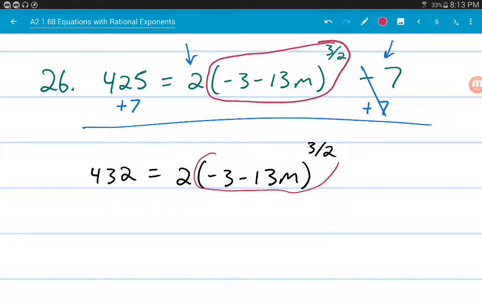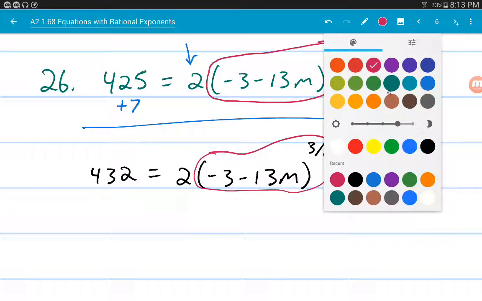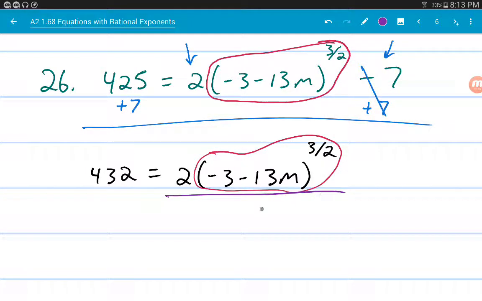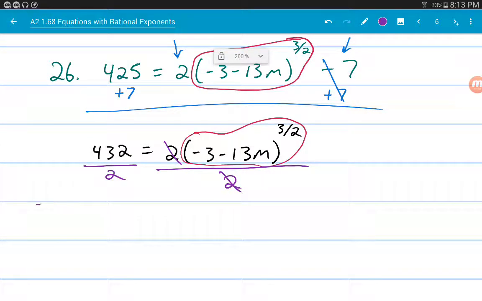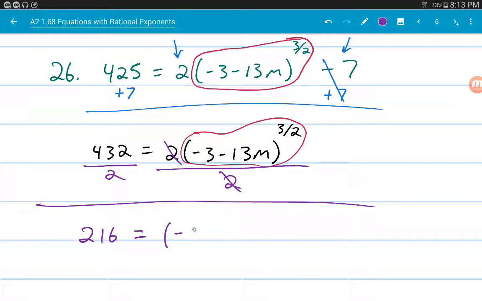I'm almost isolated here. I just need to get rid of the 2. So I'll divide off the 2, because it's attached with multiplication. 432 divided by 2 is going to be 216, is equal to, parentheses, negative 3 minus 13m raised to the 3/2 power.